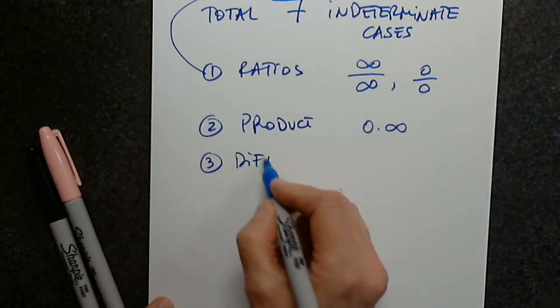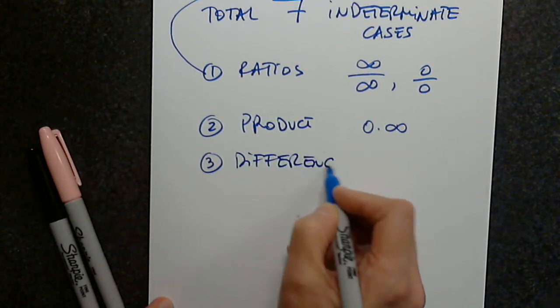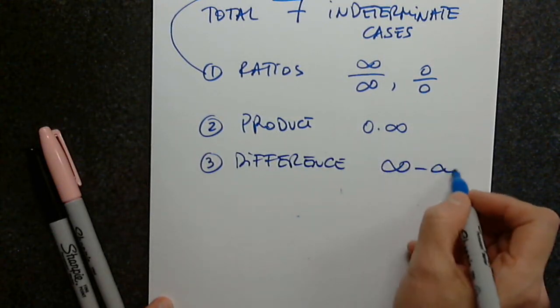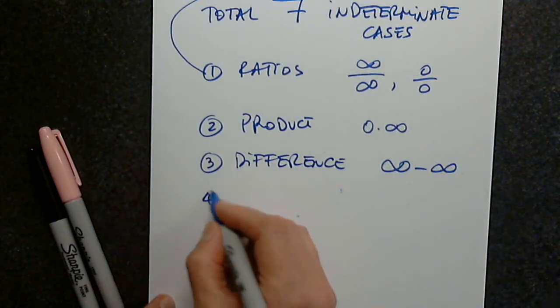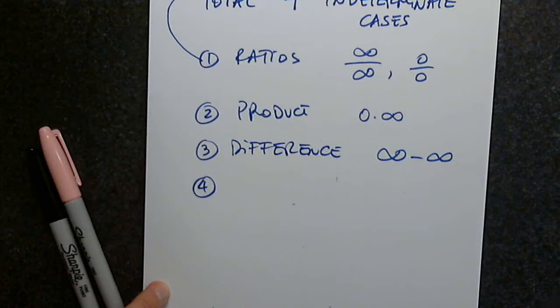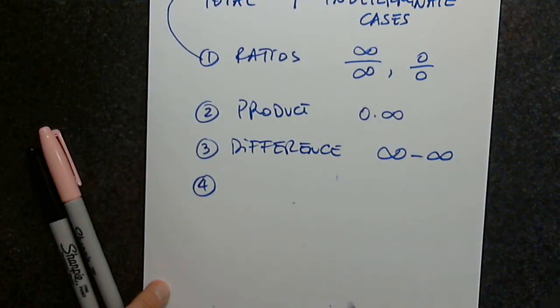Number 3, difference. We encountered this, not enough, so we're going to look at it. So these are 4 already: 1, 2, 3, 4. And the last ones, and the most difficult to work with, are powers.